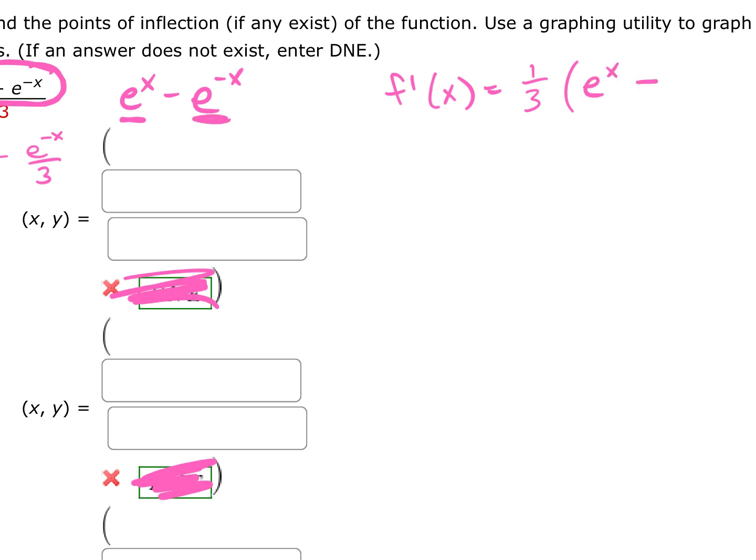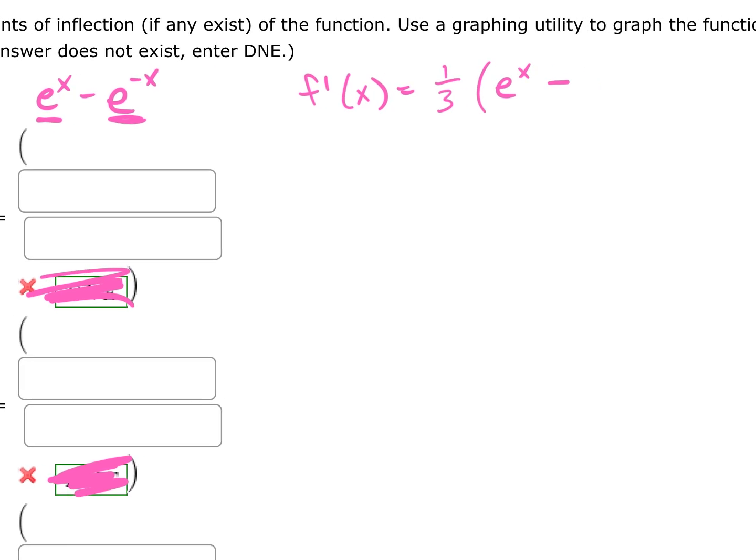Minus, what's the derivative of e to the power of negative x? So remember, it stays the same, e to the power of negative x times the derivative of the exponent. What's our derivative of the exponent? Negative 1. So here I have 1/3 times e to the power of x plus e to the power of negative x.